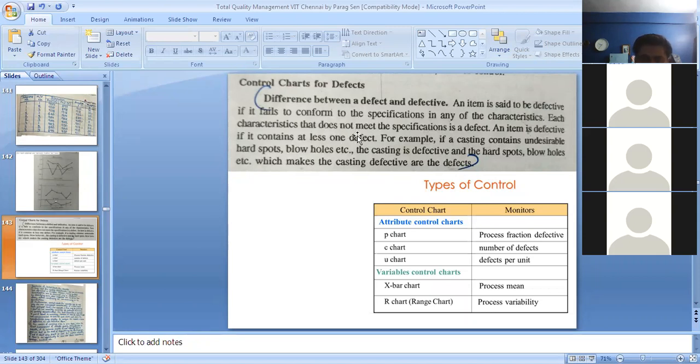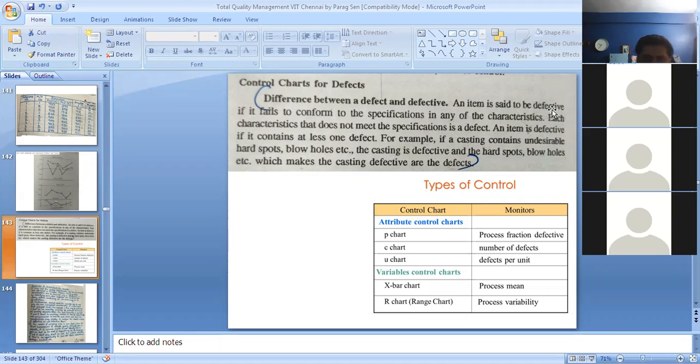Each characteristic that does not meet the specifications is a defect. An item is defective if it contains at least one defect. For example, if a casting contains undesirable hard spots, blowholes, etc., the casting is defective, and the hard spots, blowholes, etc., which make the casting defective, are the defects.